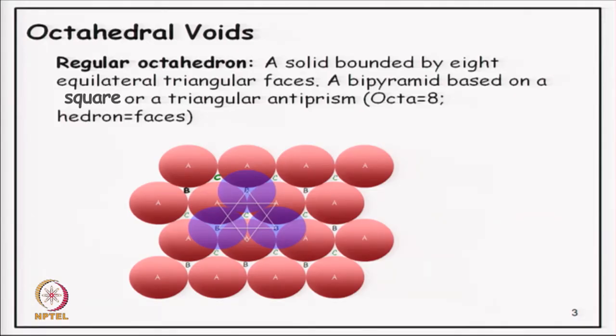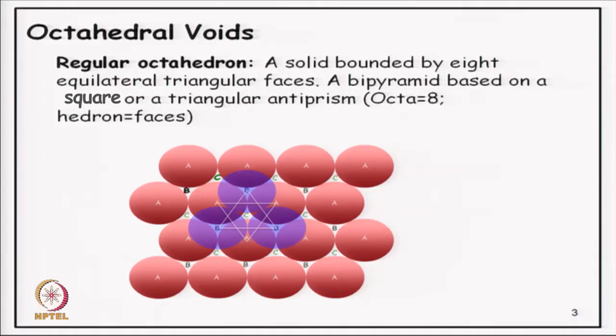So, that is why it is called an antiprism, since the top and bottom triangles are not parallel. If they were parallel, we would have got a prism and the side faces would have been rectangles. But since the top and bottom faces are inverted triangles, we get an antiprism with 8 equilateral triangles.